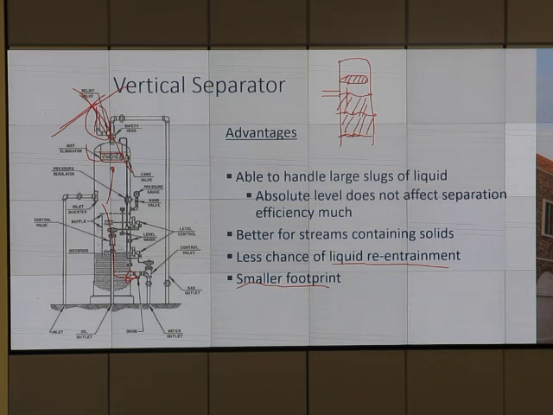Otherwise, we try to push bubbles through the liquid and we form foam or something. So it doesn't impact much. Alright? But in a horizontal separator, the liquid level directly impacts the area of the flow. So if the liquid level goes up, the area of the flow for gas reduces. Gas flows faster, and we have lower retention time. Okay?